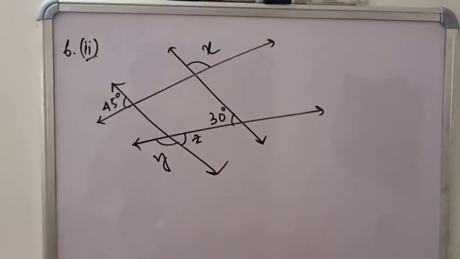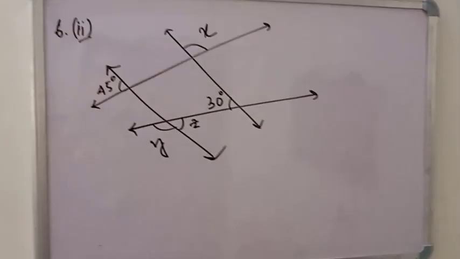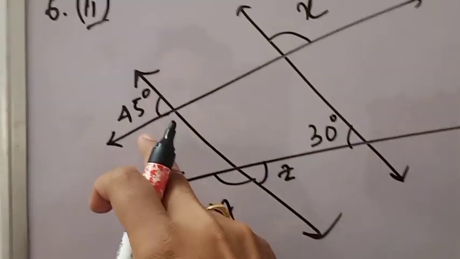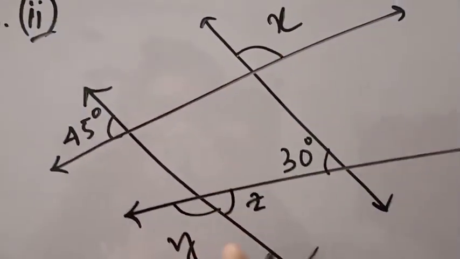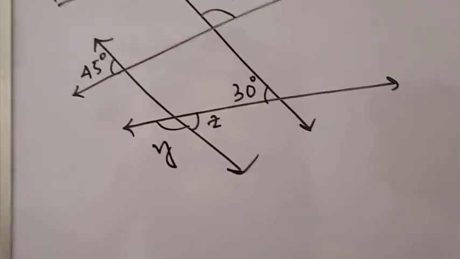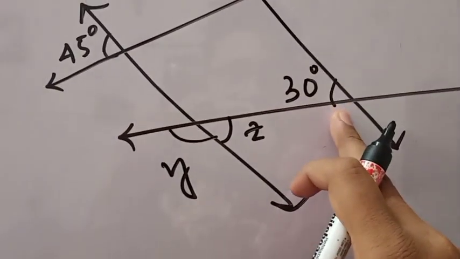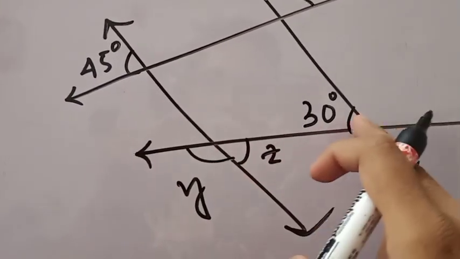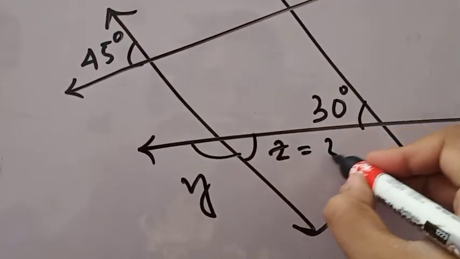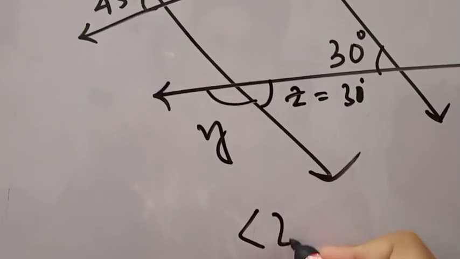Now in 6/2, see that in the given figure, two angles are given, 45 degrees and 30 degrees, and you have to find x, y and z. So see that in 30 degrees, this angle and this angle are alternate angles. Okay? So this equals 30. So z equals 30.